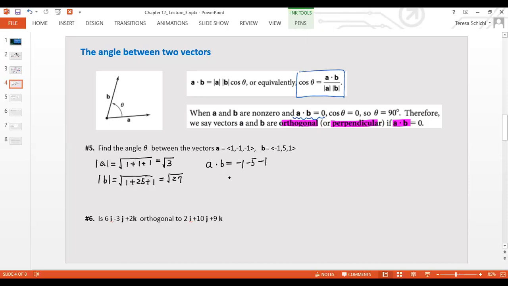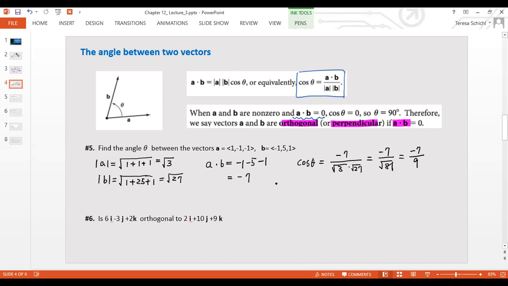So this is negative 7. So cosine theta is equal to negative 7 over the square root of 3 times the square root of 27. The square root of 3 times the square root of 27 is the square root of 81, so this will be negative 7 over 9.